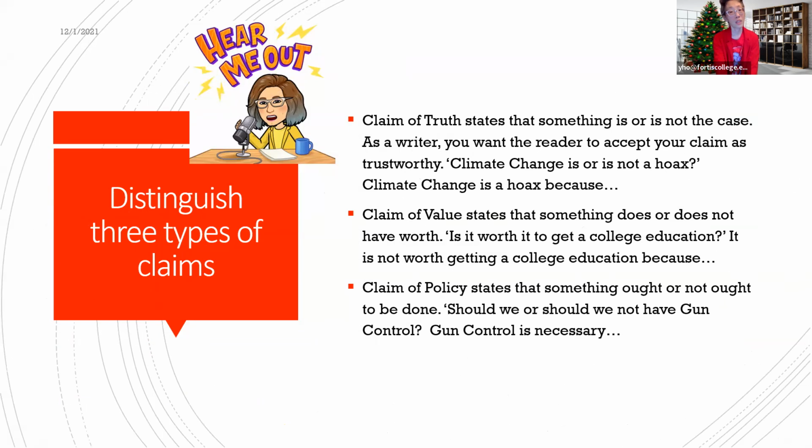So a claim of truth would be climate change is a hoax because, or climate change is not a hoax because, or that the North Pole is located in a very cold region of the earth up north, and the South Pole is located in the very southern part of the earth, also very cold. That is a claim of truth, or the fact that I'm Chinese American, that's a claim of truth, okay?